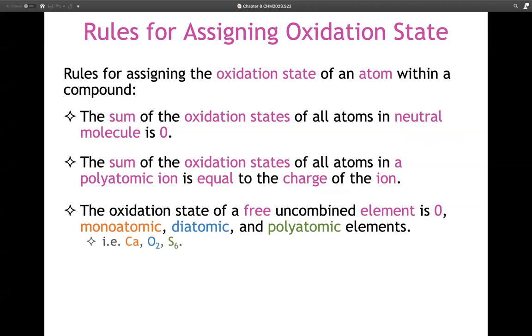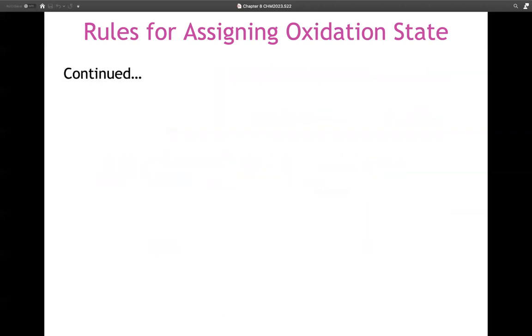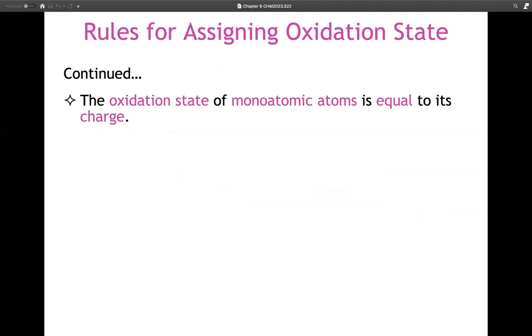Here are some examples of diatomic and polyatomic elements, or elements that exist as diatomic or polyatomic molecules. If we're dealing with just the elements on their own, like chlorine or magnesium, the oxidation state is equal to the charge.